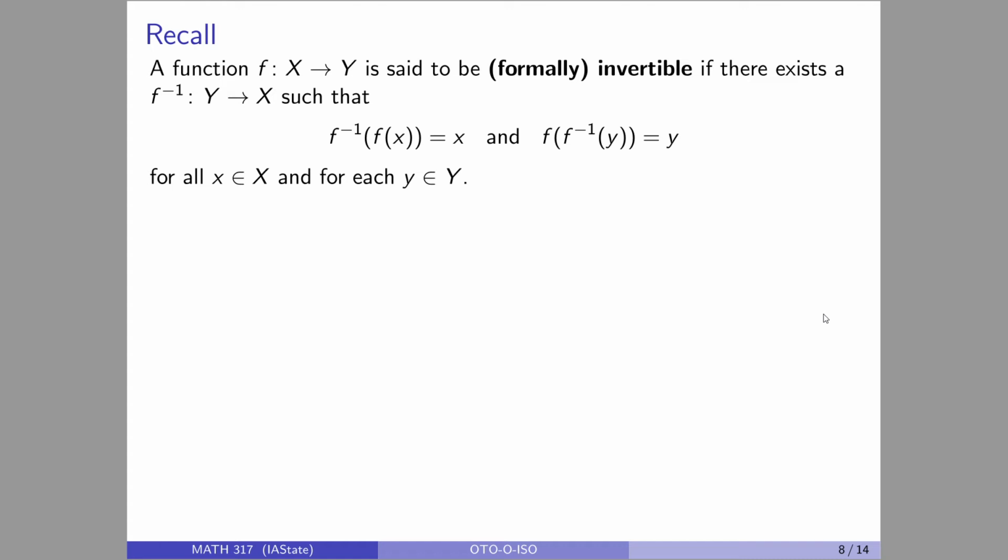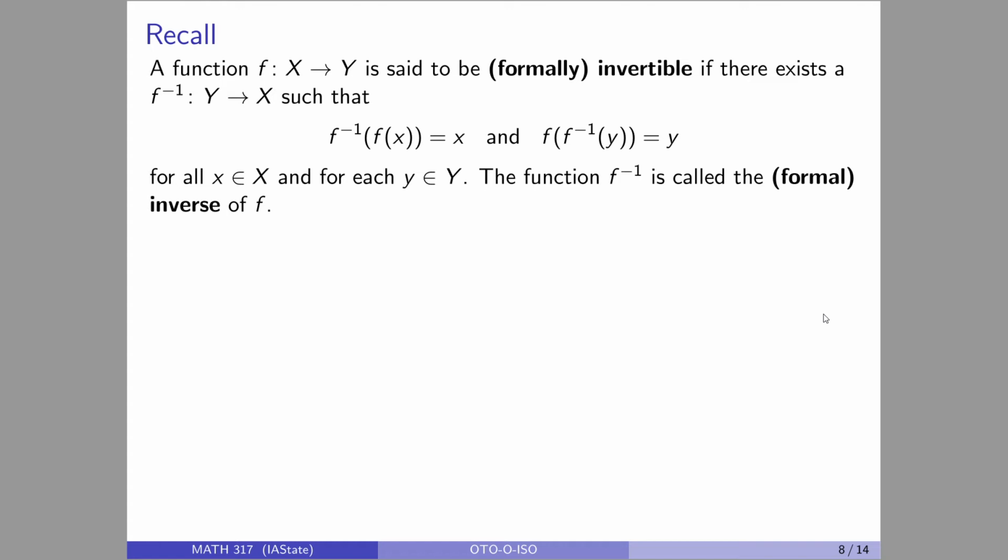This is usually referred to as formally invertible because talking about a function being invertible, depending on the context, could have multiple interpretations. But when you want to be really precise, you will call this formally invertible. The function f inverse there is called the formal inverse, or just the inverse if the context is clear.